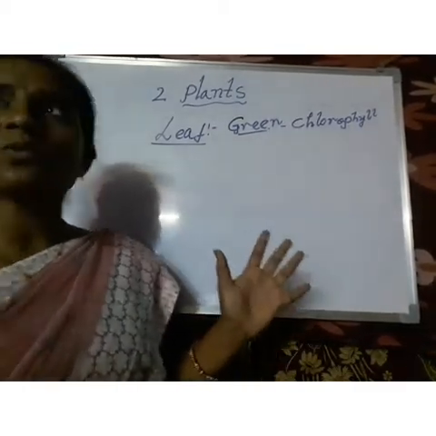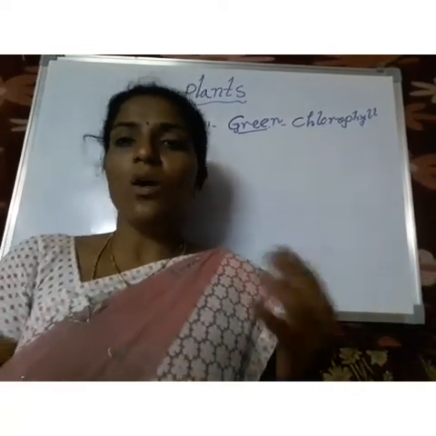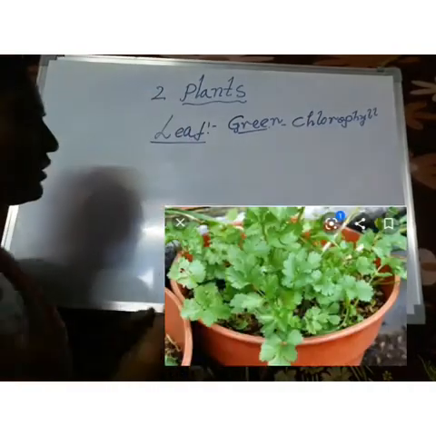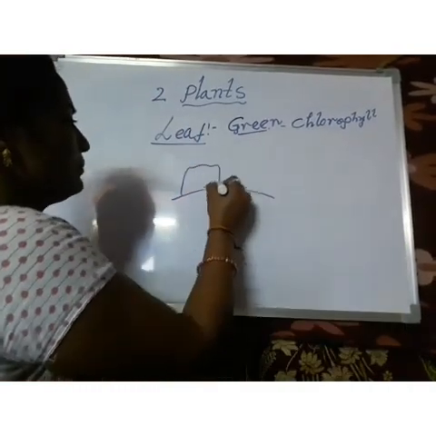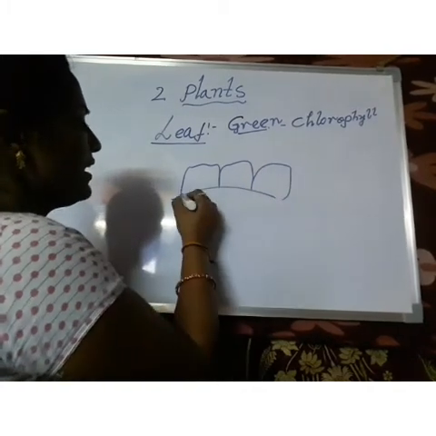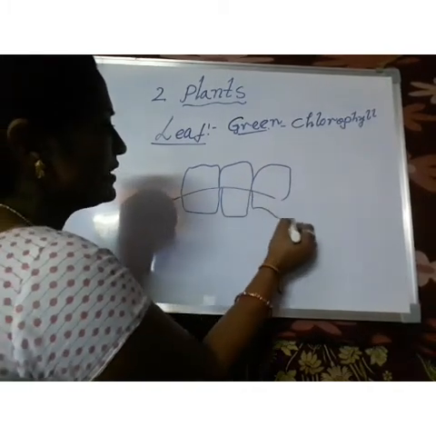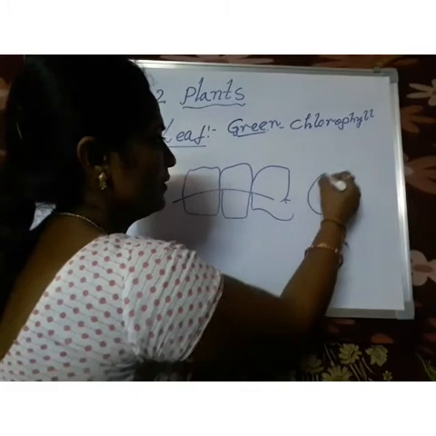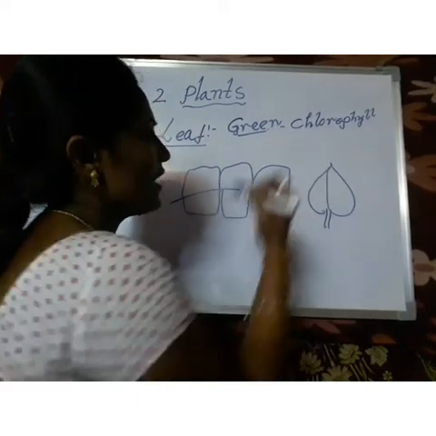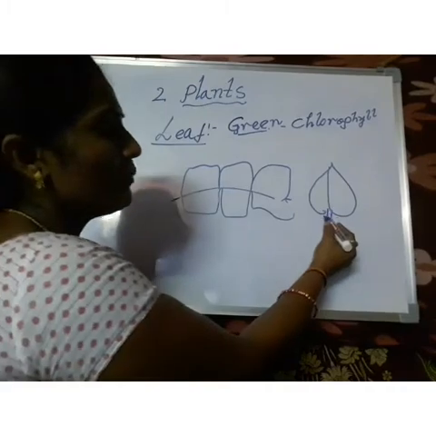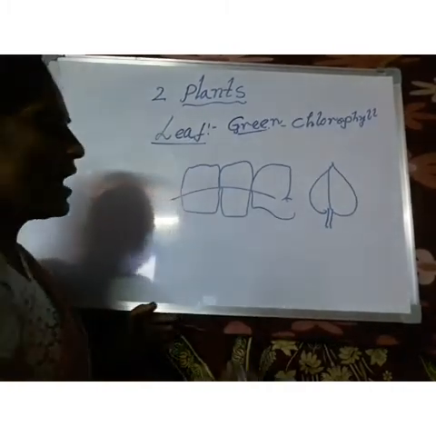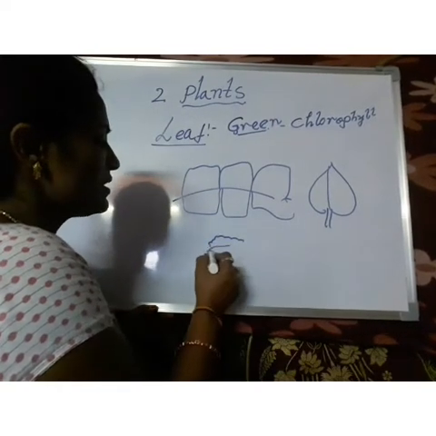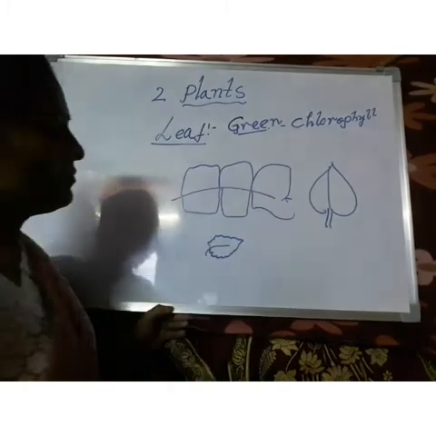Okay, if you observe many leaves, all leaves are in different sizes and different shapes. For example, the banana leaf is like this. The peepal tree leaves are like this, heart shaped, and money plant leaves are also like this. Rose plant leaves are in this shape. The guava leaf is like this.